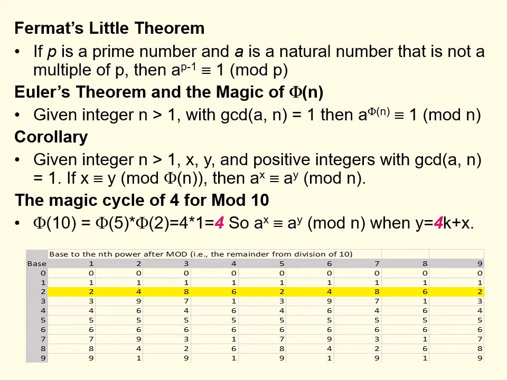Again, P has to be a prime number, right? So there's definitely a little bit of restriction here, but this is giving us something really important that we're going to see. It's going to help us simplify things so much more easily.